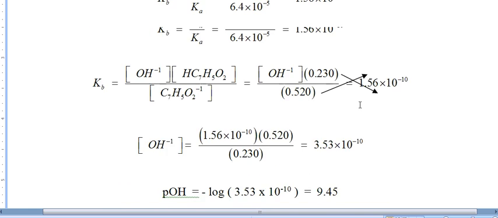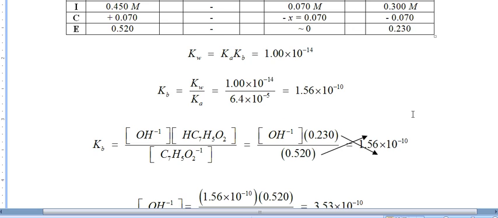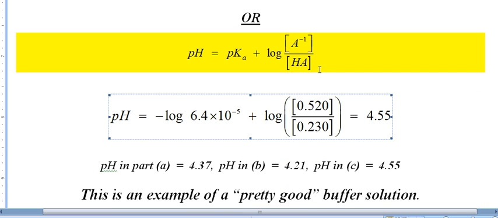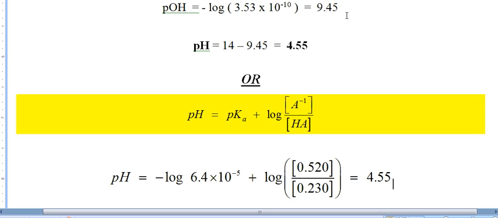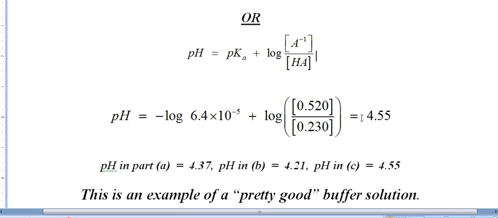And then whatever the concentration of my weak acid is, and again that's at equilibrium, will go on the bottom. So even though I have hydroxide in my equation and I solve for the pOH up here, I can go straight into it and solve for what the pH is. And I'd highly recommend that, if you know how to use the Henderson-Hasselbalch equation.